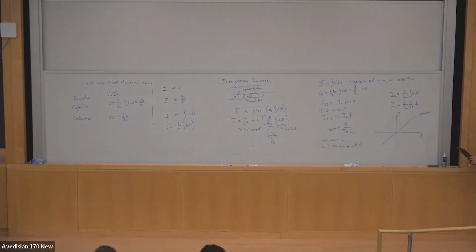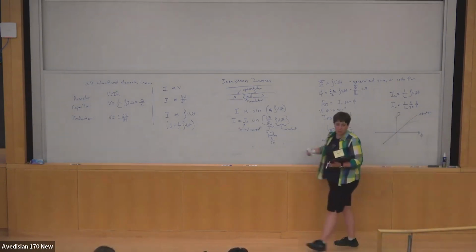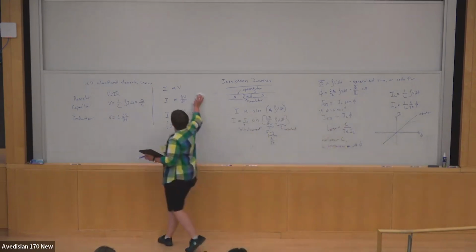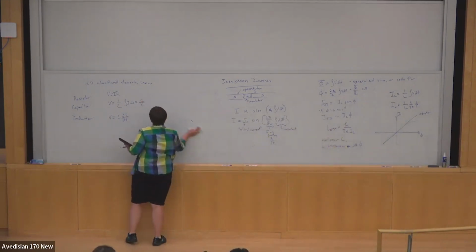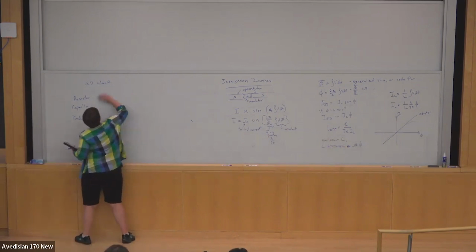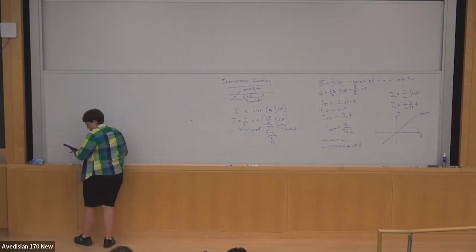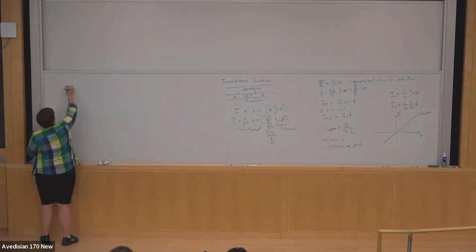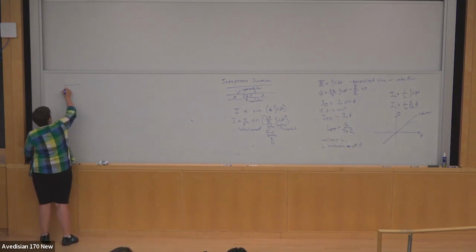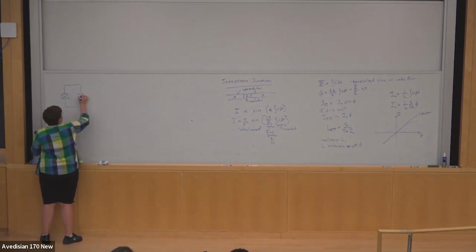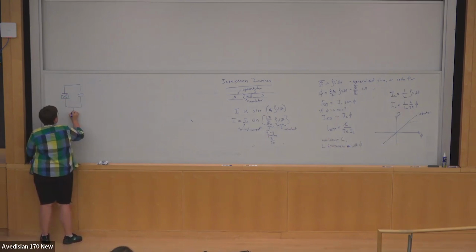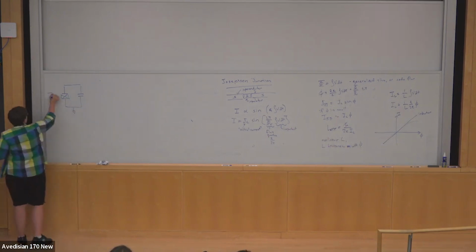Okay. And so now that we have that, we can go back to our favorite circuit and see what changes. Okay. And so instead of making a parallel oscillator with an inductor, we can make one with a Josephson junction.